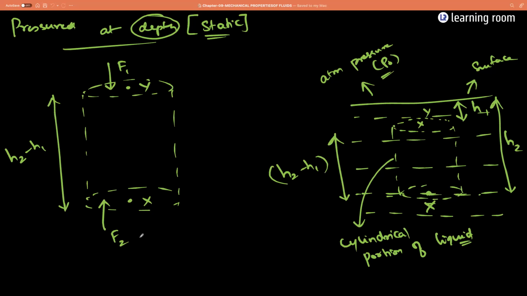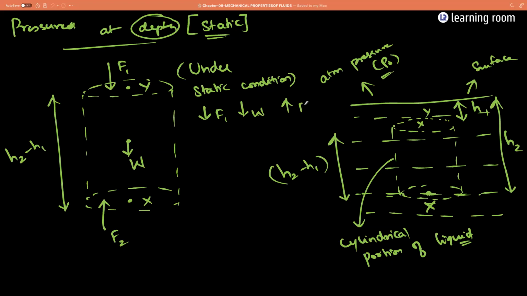And for the cylinder there is a center of gravity from which the weight W acts in the downward direction. So under static condition, F1 and W are in the downward direction and F2 is in the upward direction. So can I write F1 plus W is equal to F2?